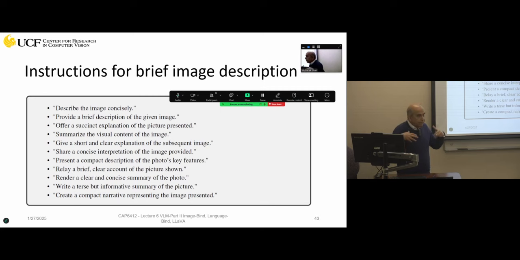Because people can type anything, you want to cover what any person will potentially ask about an image, like render a clear, concise summary. So that's an interesting thing. Otherwise, it's limited. If you train only for one phrasing, it will be very limited. But they are using all those things. And all these things you can ask GPT to generate for you.